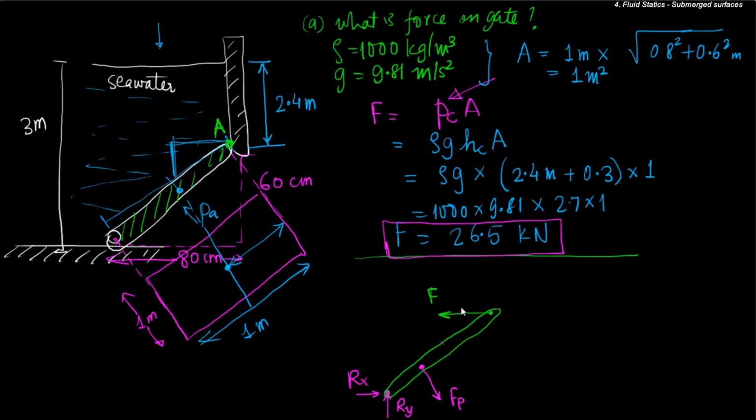Now we must perform a moment balance. So this is the centroid. We must first find out how shifted the centroid is with respect to this axis. So suppose this is YCP, then we know that this particular distance of the centroid is 0.5 meter.